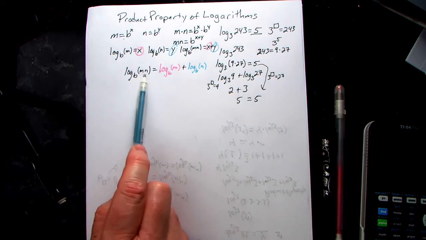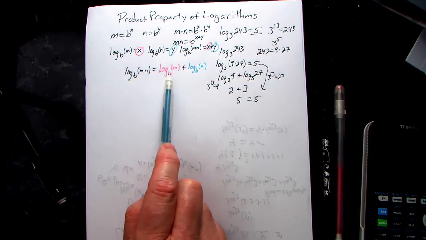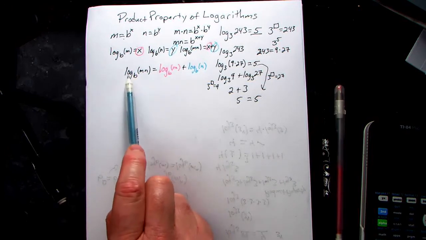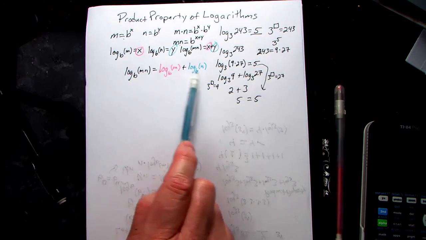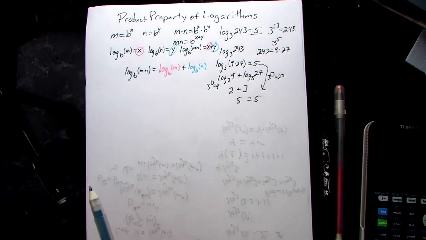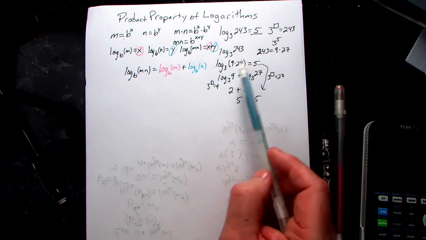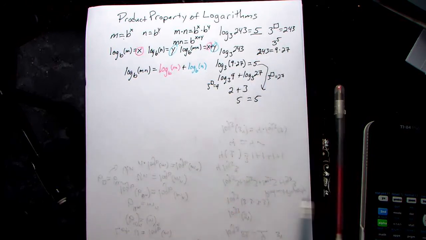If you have a product in the argument, you can split it up into separate statements with the same logarithm operation, same base, but as a sum instead of a product, which actually goes back to what we saw up here.